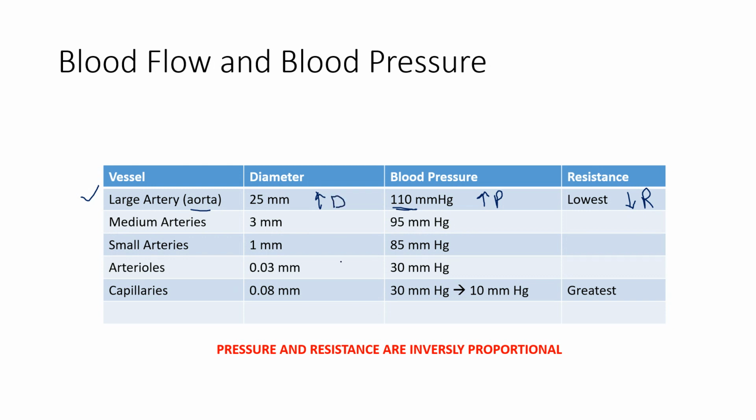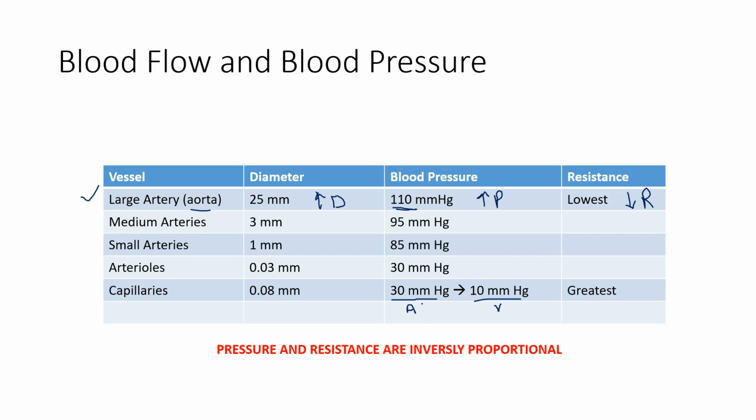Now, as you go to the capillary, you can see that the blood pressure goes from 30 to 10. This is at the arterial end of the capillary as the blood is entering. This is at the venule end of the capillary as blood is exiting. That's why that's going on.